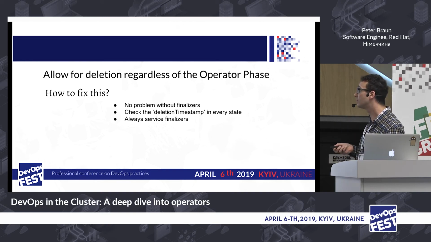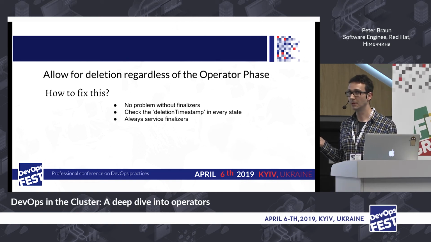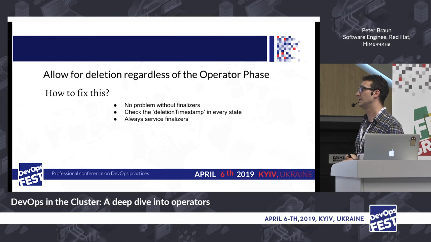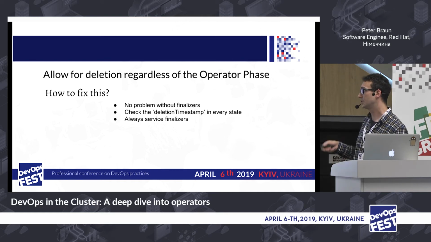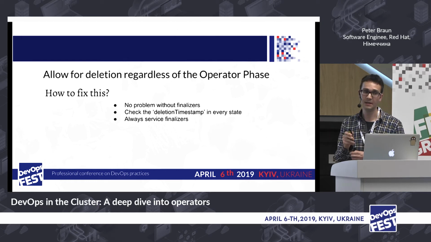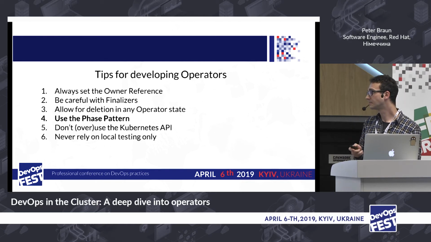So how to fix this? If you're not using finalizers, then it's likely not a problem. If you are using finalizers, then you have to make sure that in every state your operator is in, you always check if the delete timestamp has been set. And if it has been set, service the finalizers.